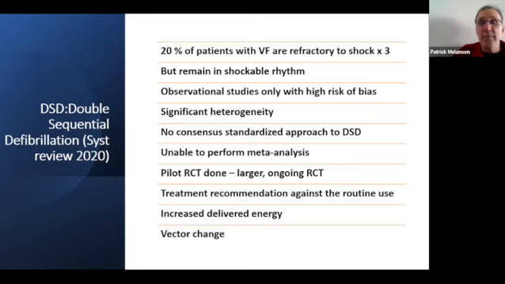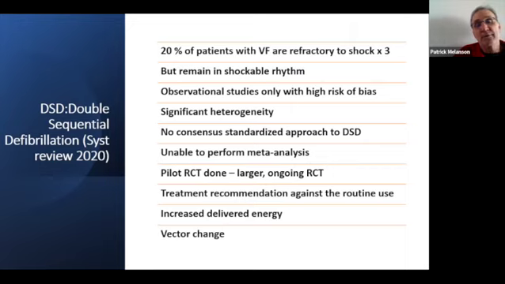They tried to do a meta-analysis, but couldn't find the data. There was one pilot RCT that really just demonstrated feasibility, and there's a larger ongoing randomized controlled trial, which hopefully will have some results in the next 2 or 3 years. So at the moment, their treatment recommendation is against the routine use.